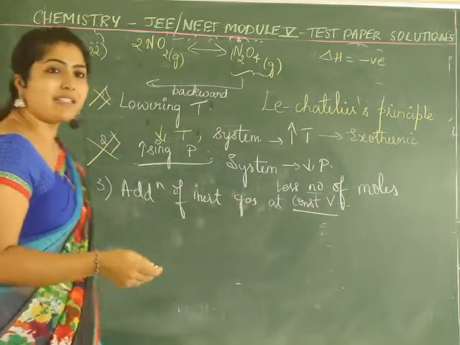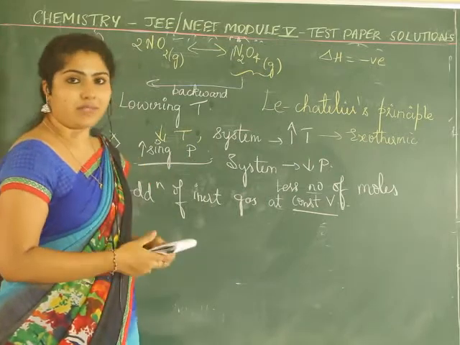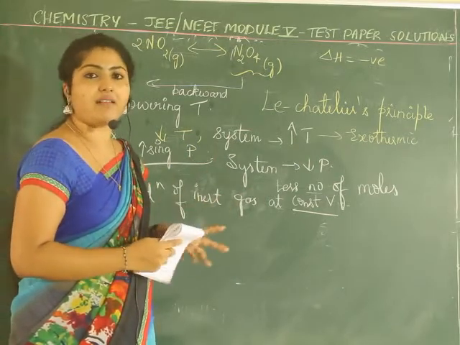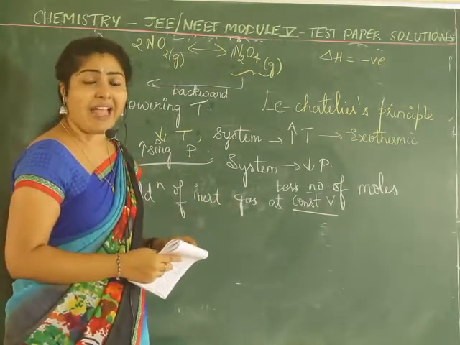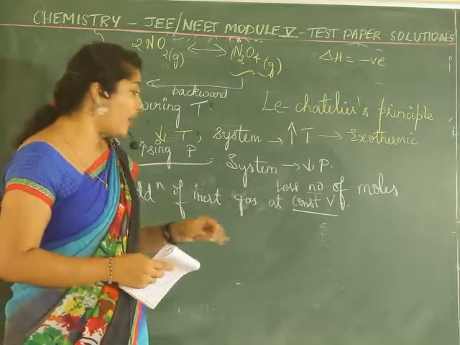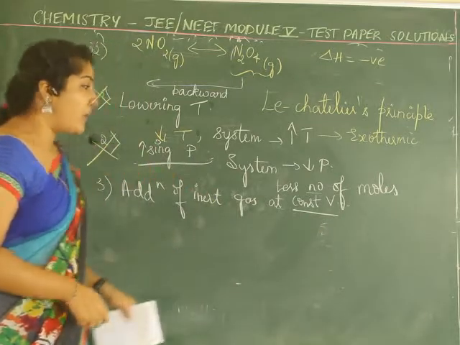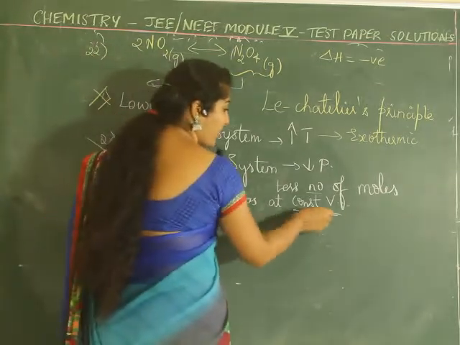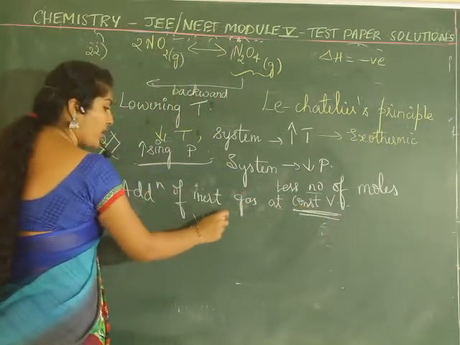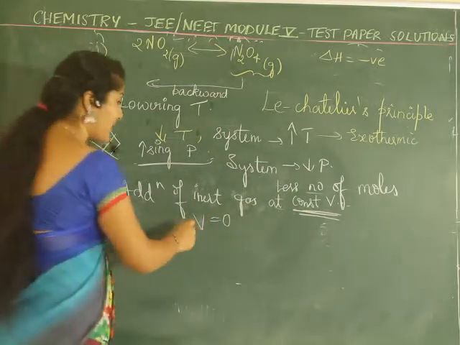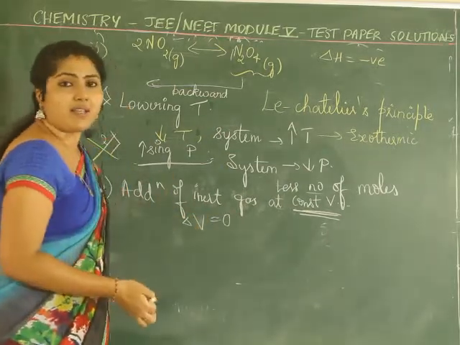Inert gas does not react with the equilibrium reactants, but we must also see what the condition is. This is given at constant volume. When it is said to be at constant volume, there is no change in volume, so delta V is 0.